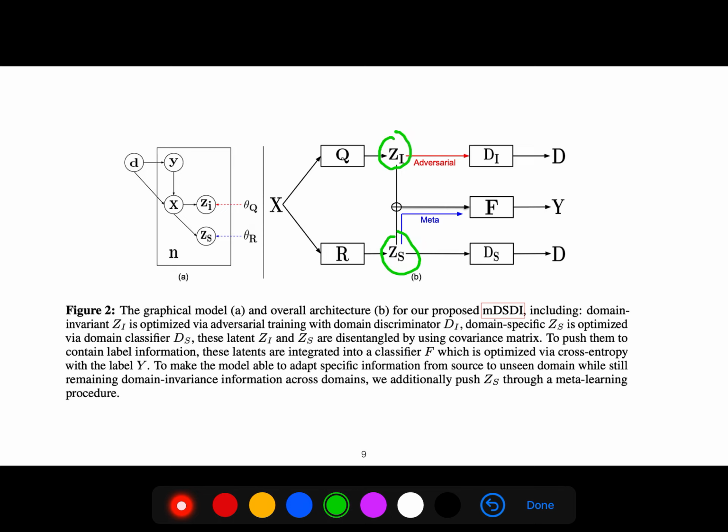To push them to contain label information, these latents are integrated into a classifier F, which is optimized via cross entropy with the label Y, to make the model able to adapt specific information from source to unseen domain, while still remaining domain invariance information across domains. We additionally push Z sub S through a meta-learning procedure.